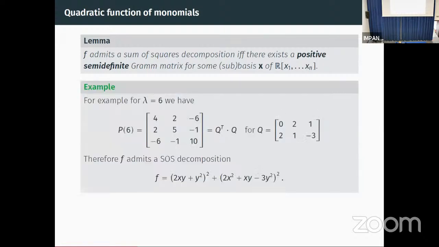So here is an example. If I pick lambda to be 6, this is the matrix, and I can factorize this matrix using, for example, Cholesky factorization to get this one. And from this one, I can read off the sum of squares. So this was x squared, xy, y squared. This was the basis. And the first vector is basically this one.